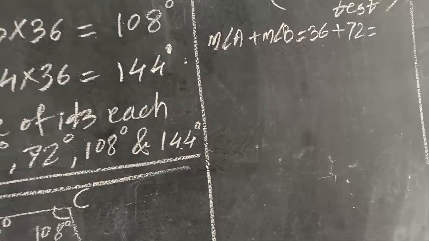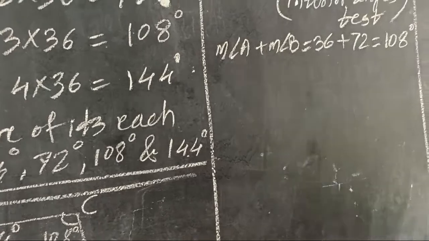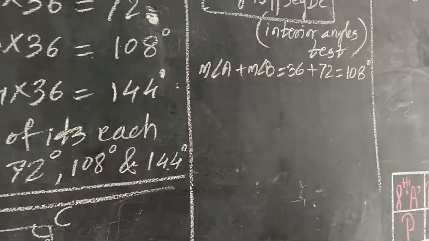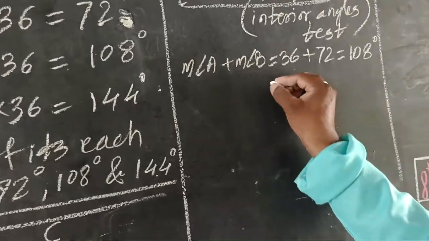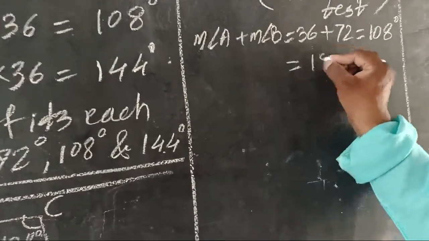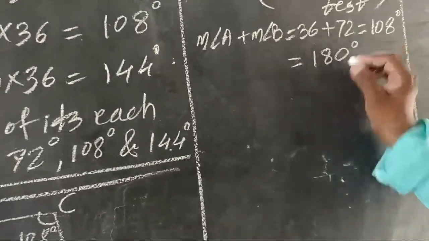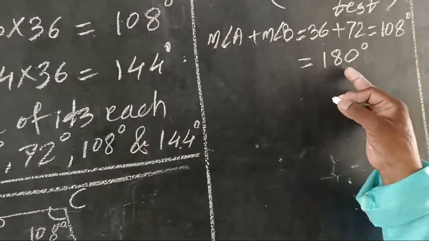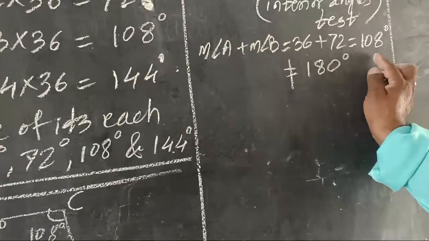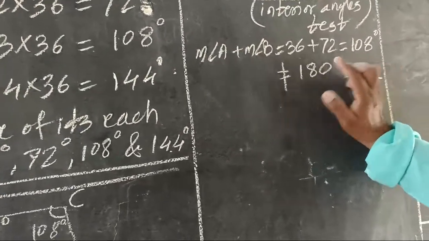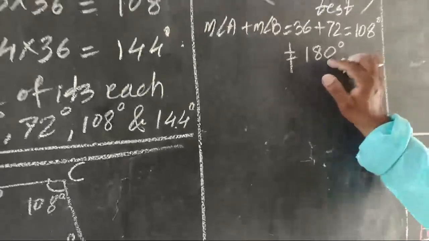What is the addition? 108 degrees. How many students get 108 degrees? Yes, good. But which is 180 degrees? 108 is different and 180 is different, it is not equal to 180.